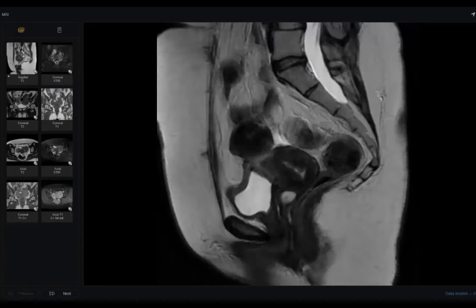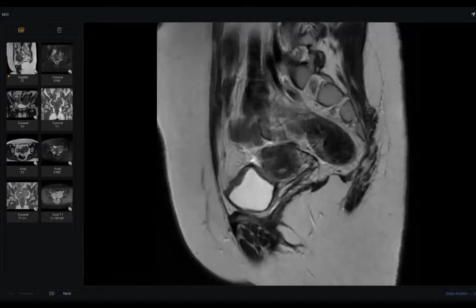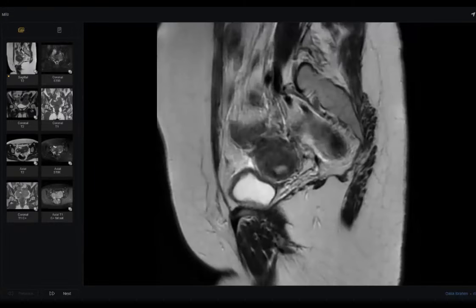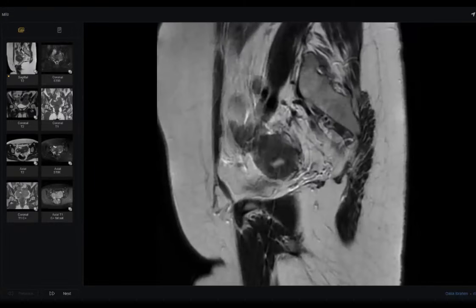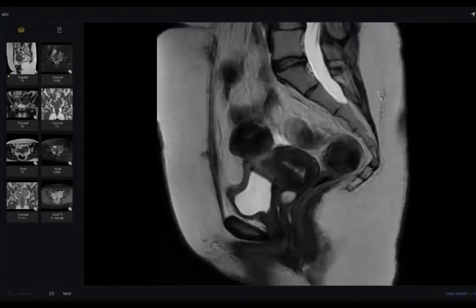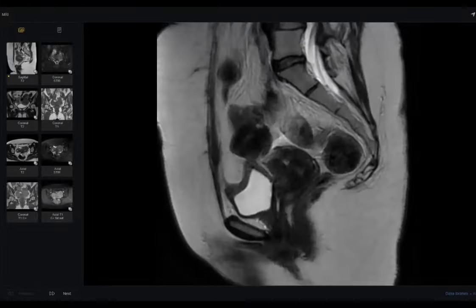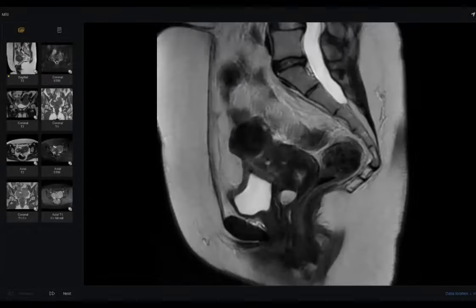There is also, I think, another one here down at the lower part of the uterus or the cervix, showing the same signal characteristics, hypointense with hyperintense components. The cervix, however, also shows a T2 hyperintense signal lesion. It can be a cyst.